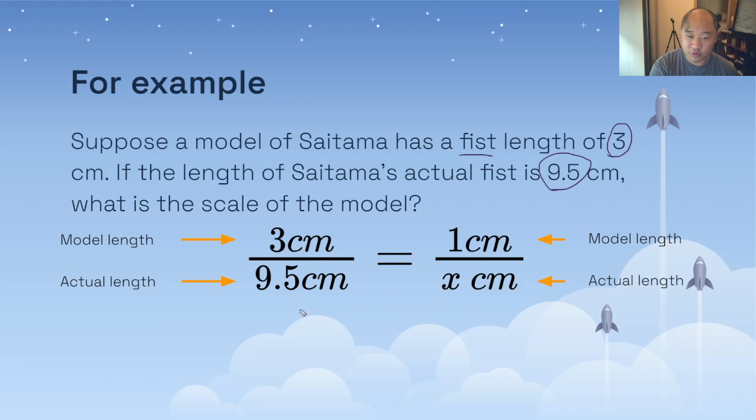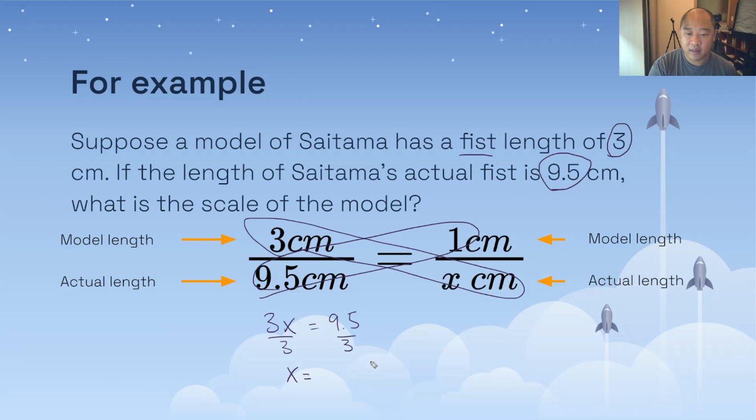So we could cross multiply. That would give us 3x, and then cross multiplying in this direction, this would be 9.5. Then we divide both sides by 3, and x would be 3.16 something, so we'll just stop there.